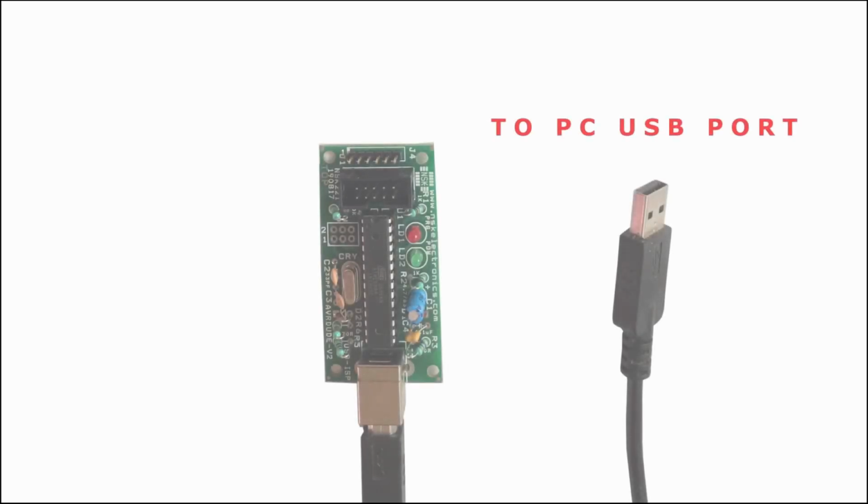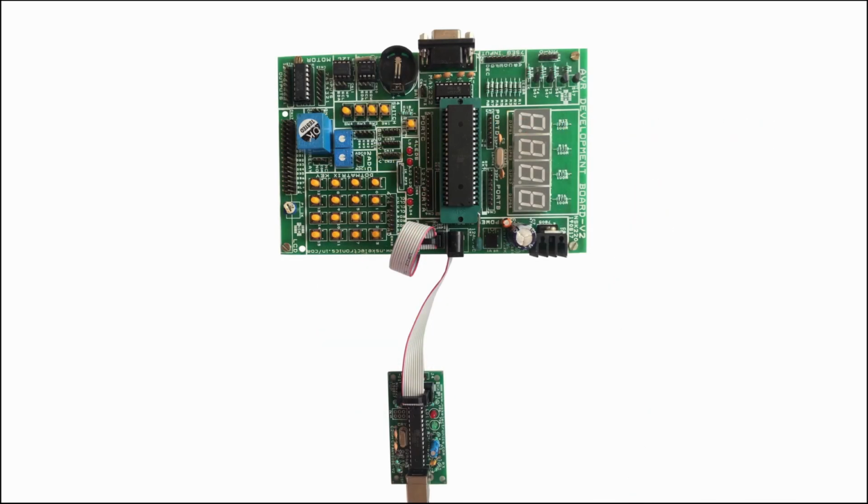For uploading the program onto the microcontroller, firstly connect the USB ASP programmer to your PC through USB port, and then connect the JTAG connector from your USB ASP programmer to your development board.